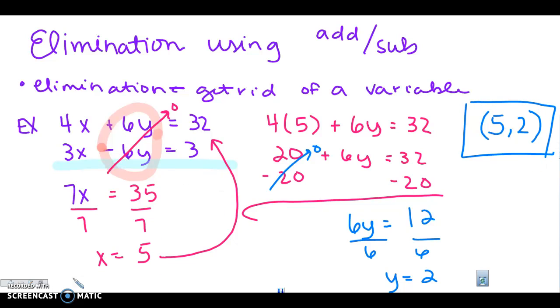So let's try another one together, and then I will let you try one on your own. So we're going to start with 5m minus p equals 7, and 7m minus p equals 11.